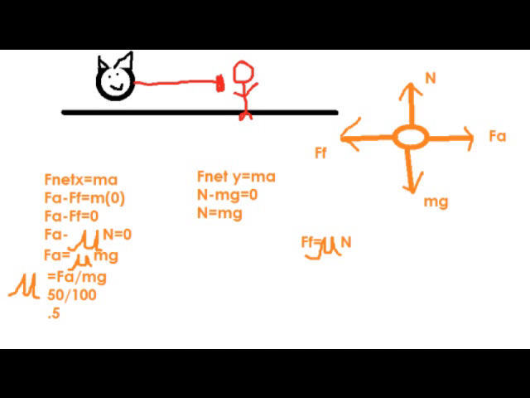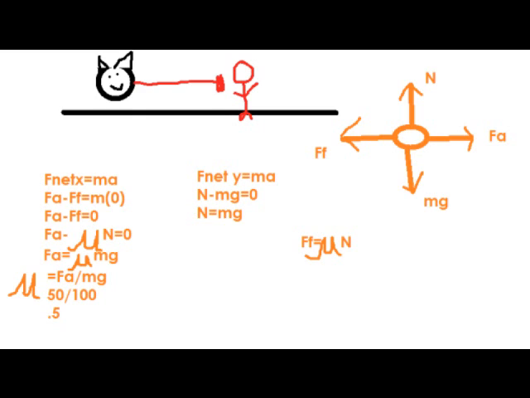A 50 newton force applied horizontally is required to push a 10-kilogram cat at a constant velocity across the floor. What is the coefficient of friction between the cat and floor? To start off, we always draw our free body diagram and then the two equations, x and y. Let's start with y. F net of y equals ma. The acceleration is constant, so it's 0, which cancels out ma. Then we plug in the elements, which is N minus mg, so N equals mg. Now we move over to the x side.